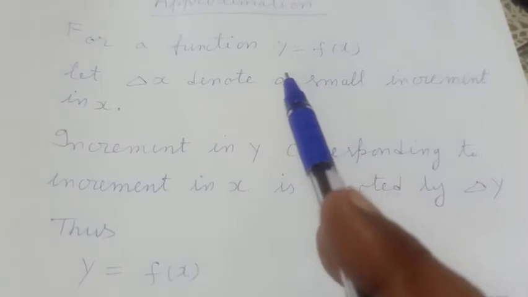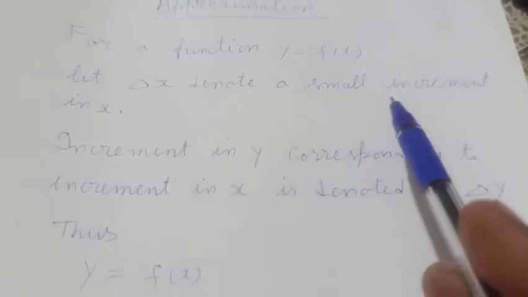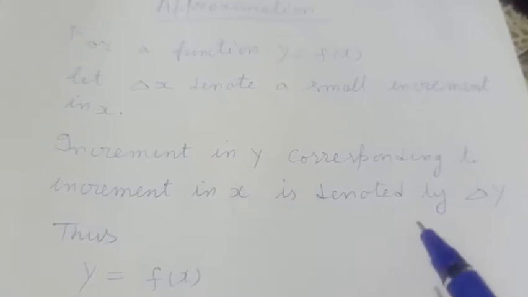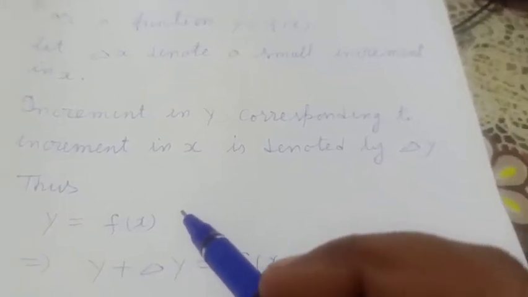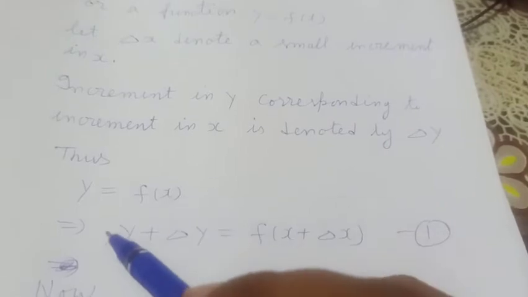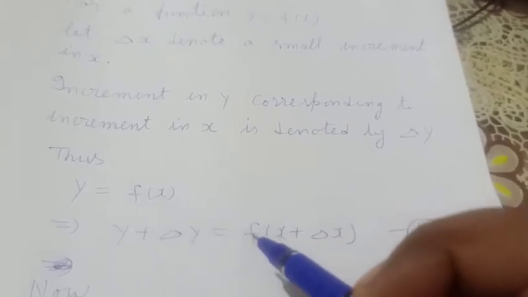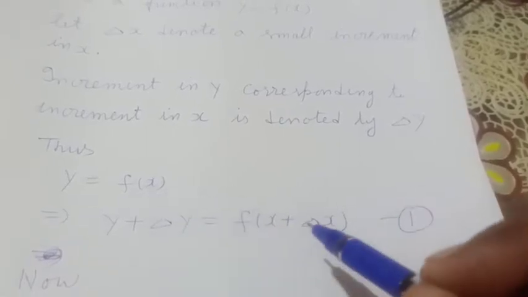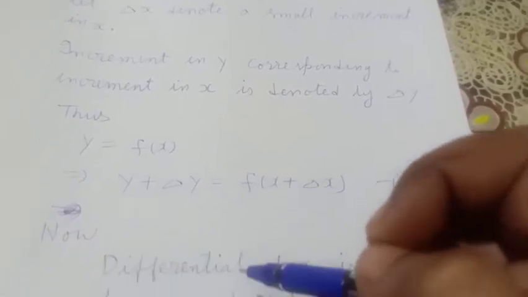So delta x is a small increment in x, and delta y is the corresponding increment in y. Thus we can say y equal to f(x) implies y plus delta y equal to f(x plus delta x). When x is changed, y is also changed.